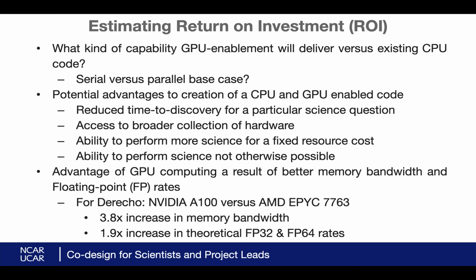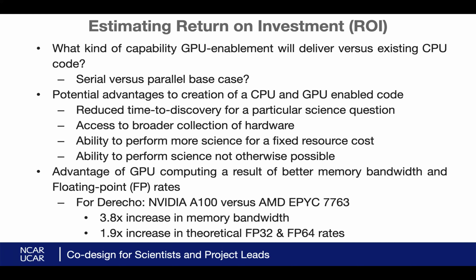But the examples that we saw at the beginning of this talk were codes where an efficient CPU implementation existed. So some potential advantages to the creation of a CPU and GPU enabled code: reduced time to discovery for a particular science question, and access to a broader collection of hardware.